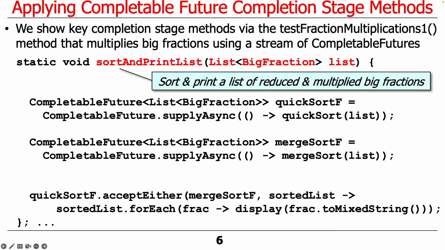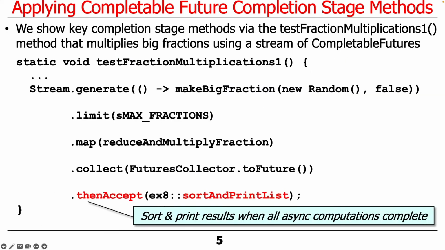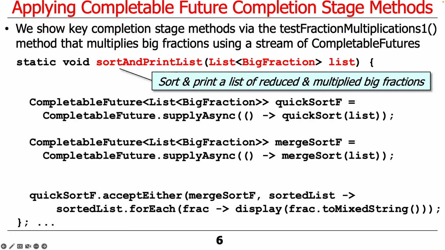So let's take a look at this particular method. This is a really fun method too. This is a variant of what we talked about earlier with the acceptEither completion stage method, which is triggered when 2 previous stages complete. In this case, sort and print list takes a list of big fractions, which is what results after that one completable future triggers. We're going to sort and print this list of reduced and multiplied big fractions.